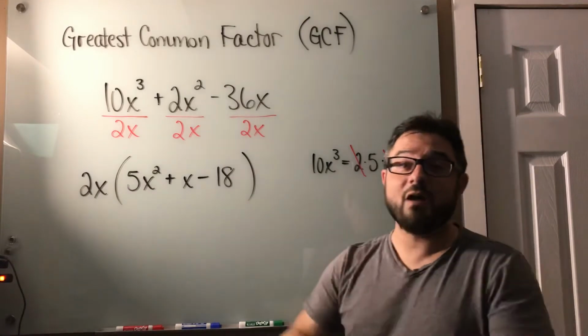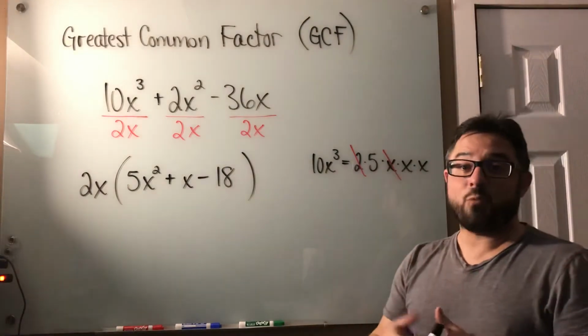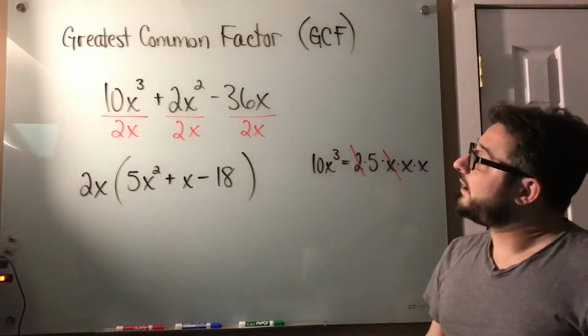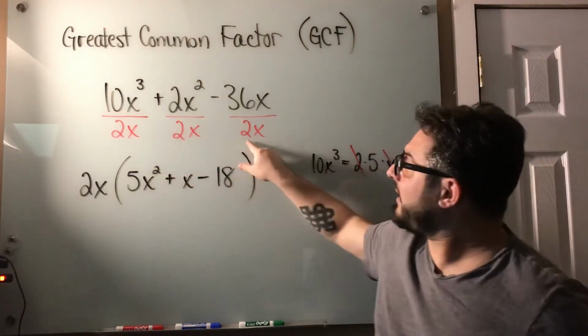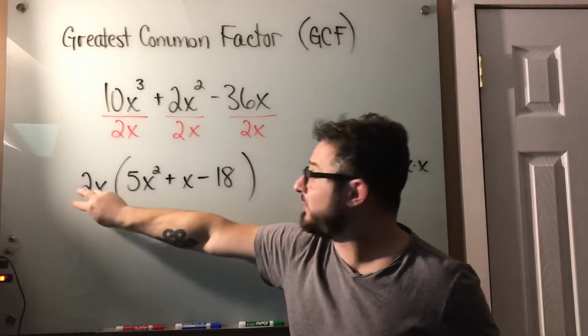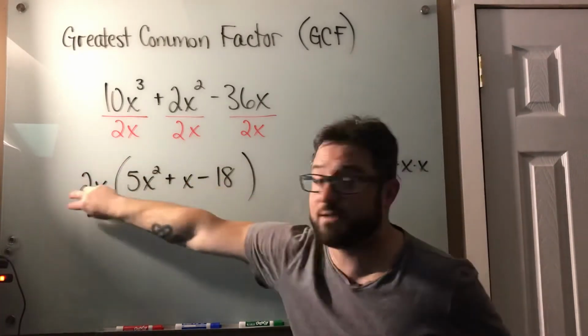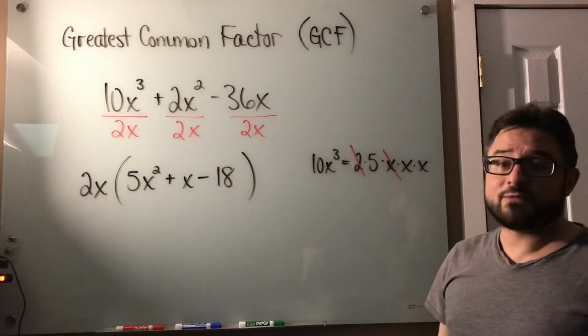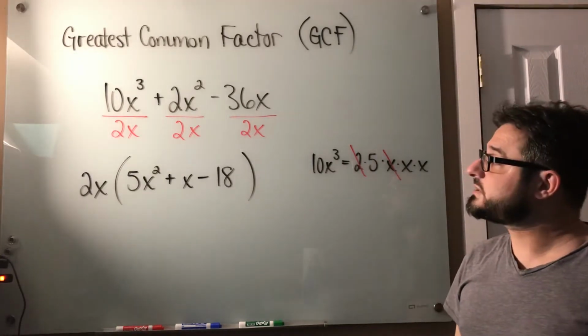It's literally unmultiplying. It's saying what did it look like before it was multiplied. And that's why we have to take the same thing out of each one, because under the distributive property we'd multiply 2x to each one of them. So since it's the reverse procedure, we have to take out the same thing from each.